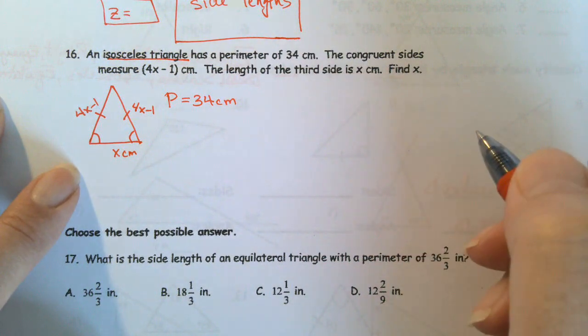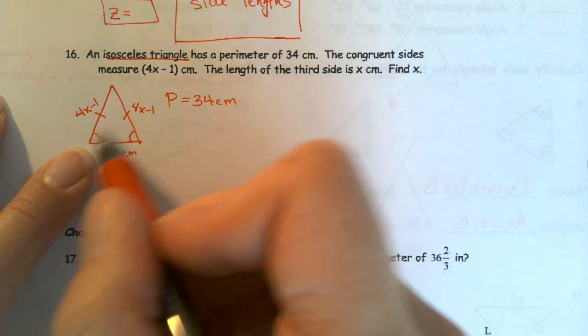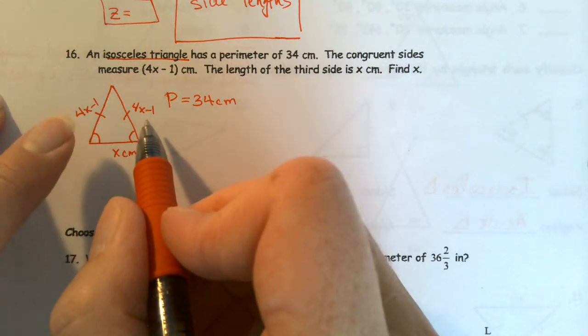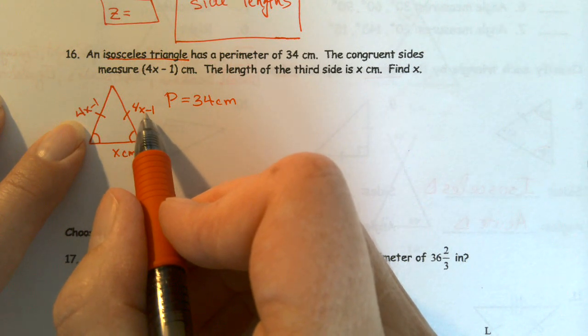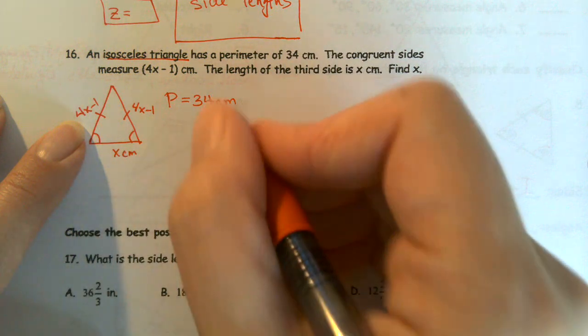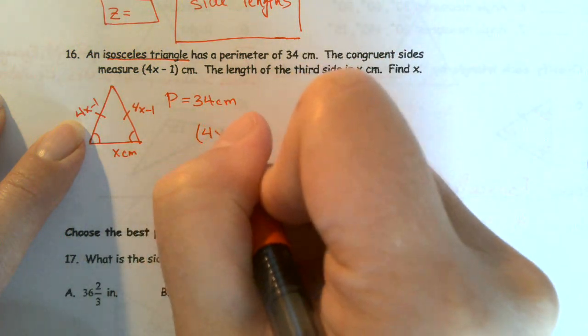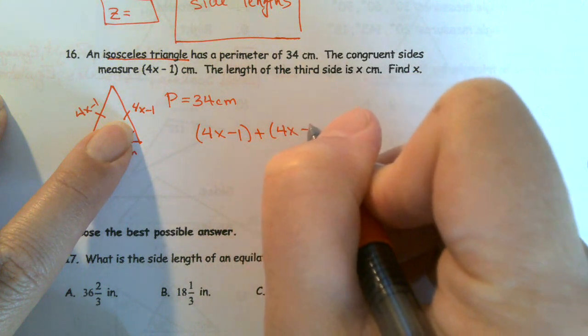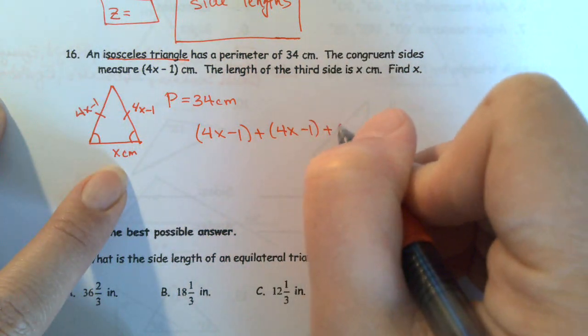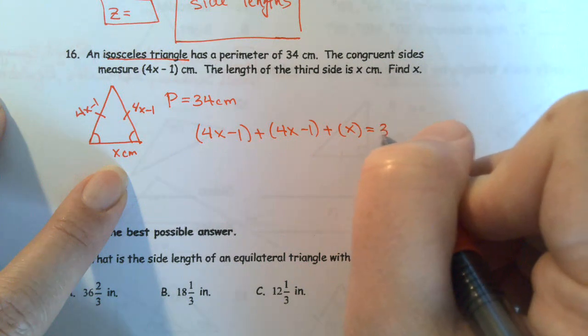Okay, find x. So again, I don't need to know anything about the angle measures. These are equal to each other, but that's not going to help me because of the same thing. What's going to help me is if I add up all three sides. So the 4x minus 1 plus 4x minus 1 plus the third side, x, is equal to 34.